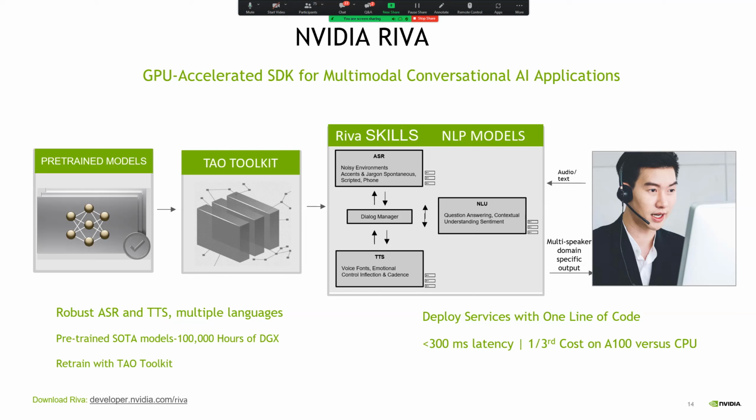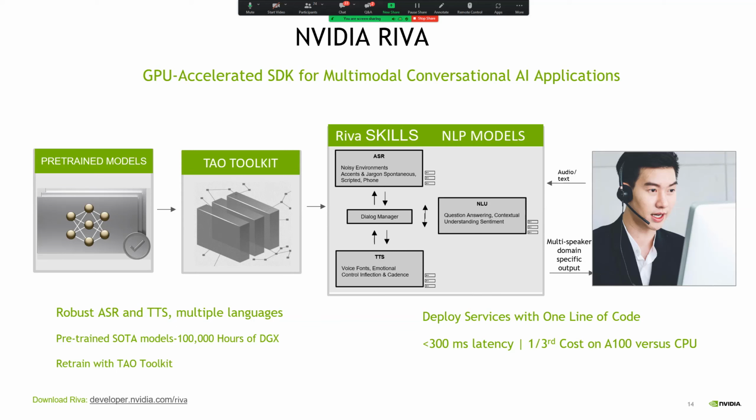Riva is the other toolkit I want to mention. NeMo is a little bit more for those that like working in Python and with things like PyTorch and PyTorch Lightning. Riva is a bit closer to a low code, no code type of experience. And so Riva allows you to do a lot of those same things.